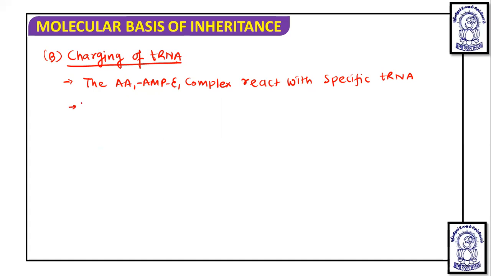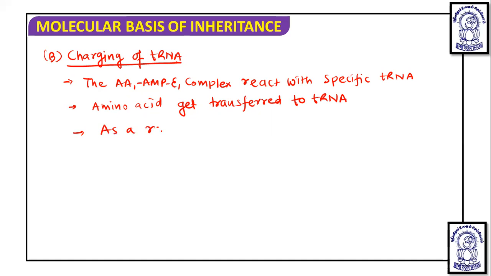And here, when it reacts with the specific tRNA, the amino acid gets transferred to the tRNA. As a result, the enzyme and AMP are liberated.